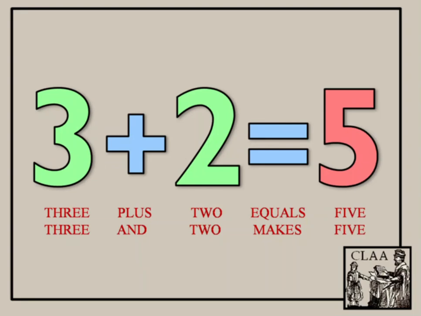Let's read one more addition sentence adding 2. We'll start with the number 3. 3 plus 2 equals 5. 3 and 2 makes 5.